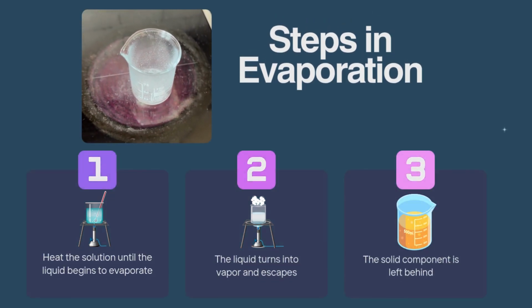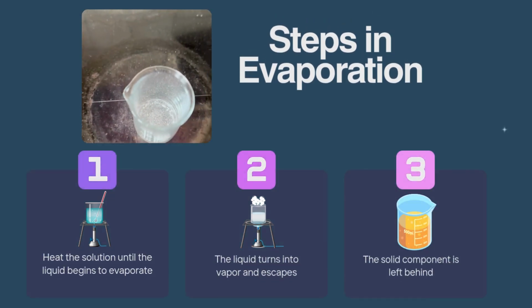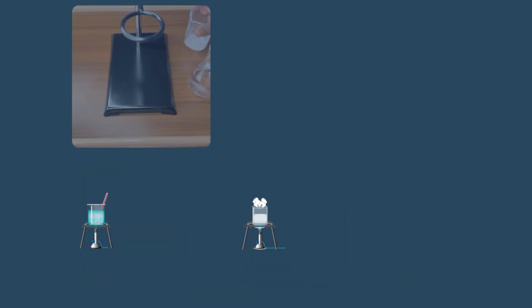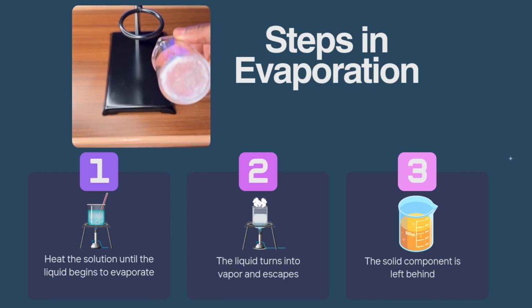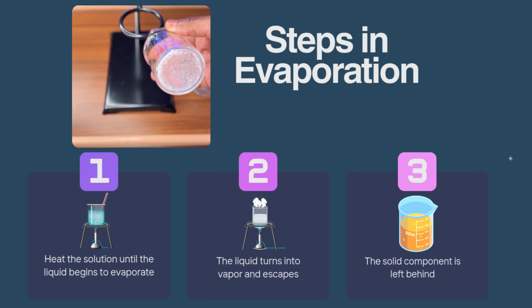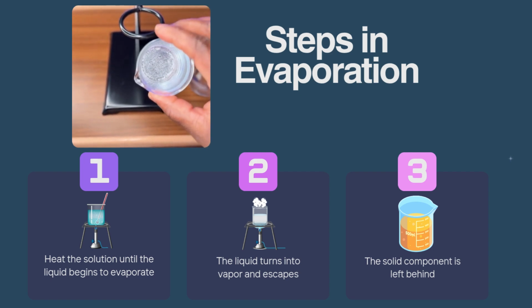I'm doing this at home, so I'm just heating up on the stove, and look at that. Look at the salt particles. Now I've heated up the salt water solution, and look at the salt particles that are left after evaporating off the water.